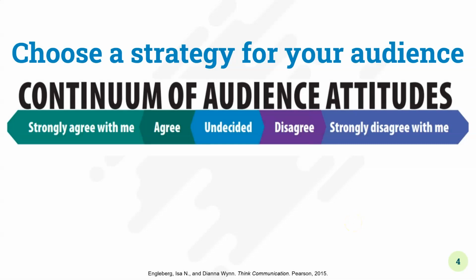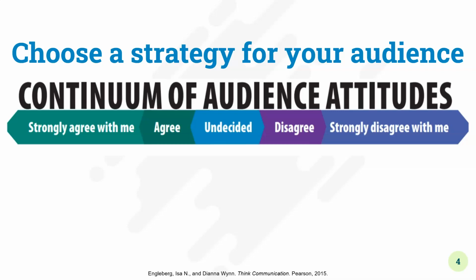So one of the first things you need to do is to choose a strategy for your audience. So when you're giving a persuasive presentation, we've talked before about knowing who was in your audience, a little bit about the demographics, where they come from, any cultural nuances that you need to be aware of.